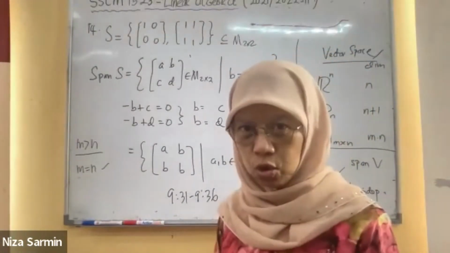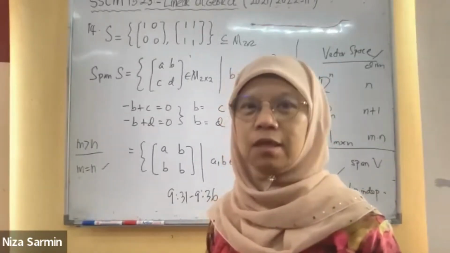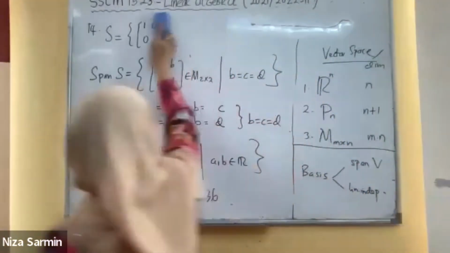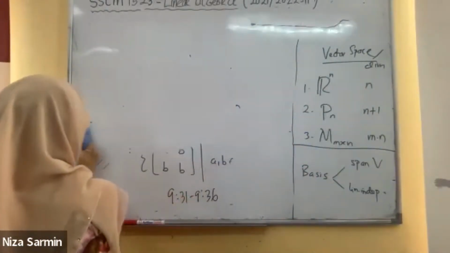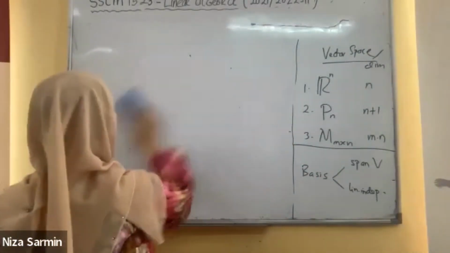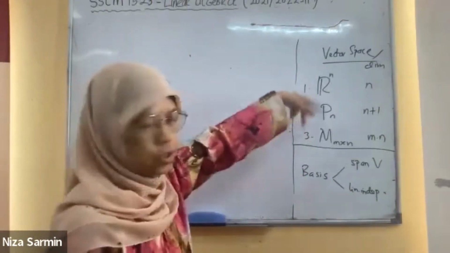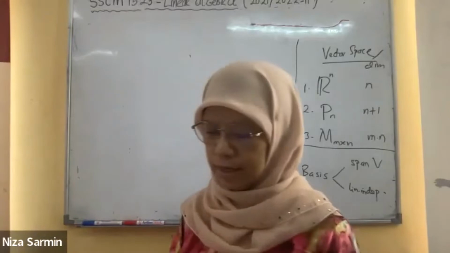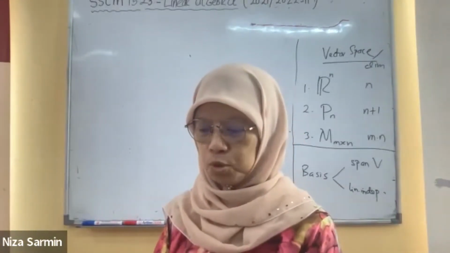This will cover the whole section about spanning, linearly independent, and at the end a basis. And I will try to choose one each. M bigger than N. Which one?